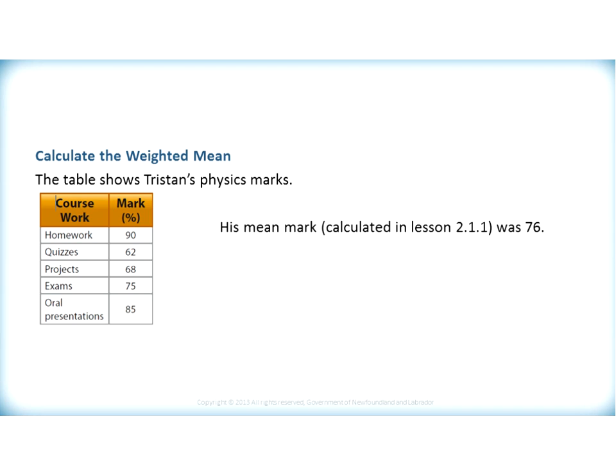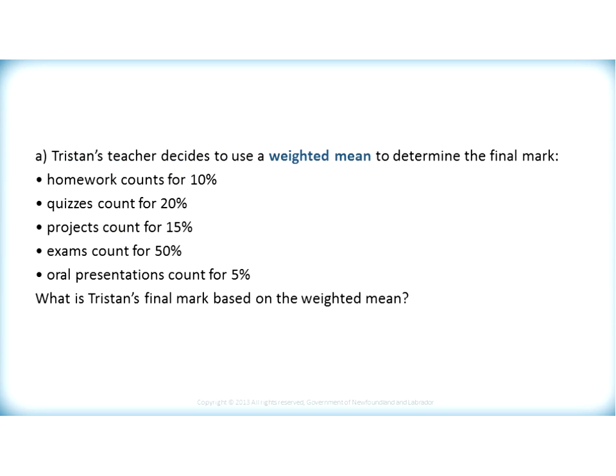It's a small contributor to a mark. We calculated in the last lesson that his mean mark, if we treated everything equally, was 76%. We're going to look at weighted mean this time, though.